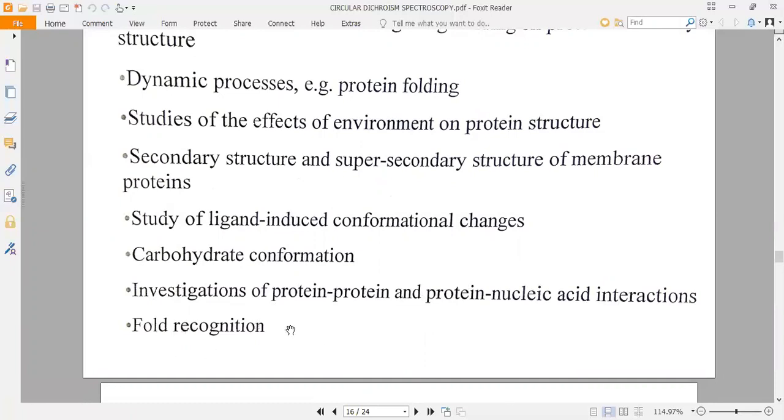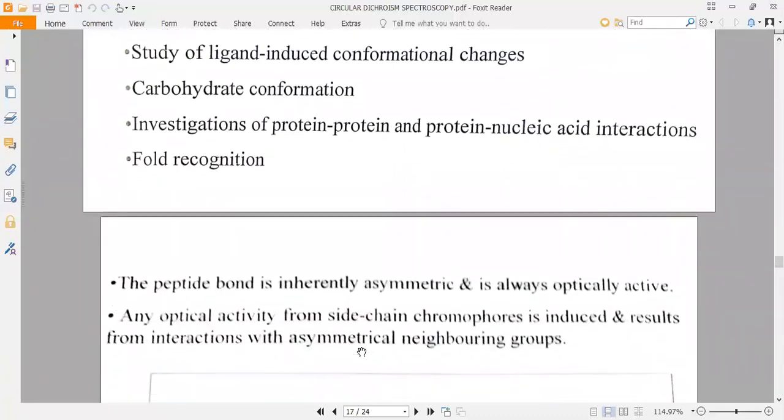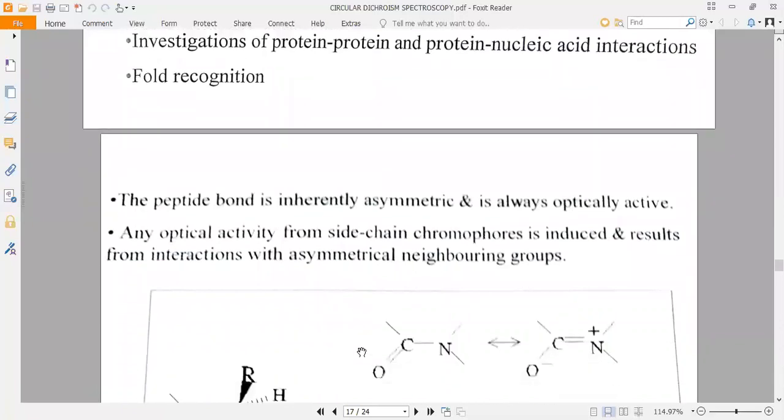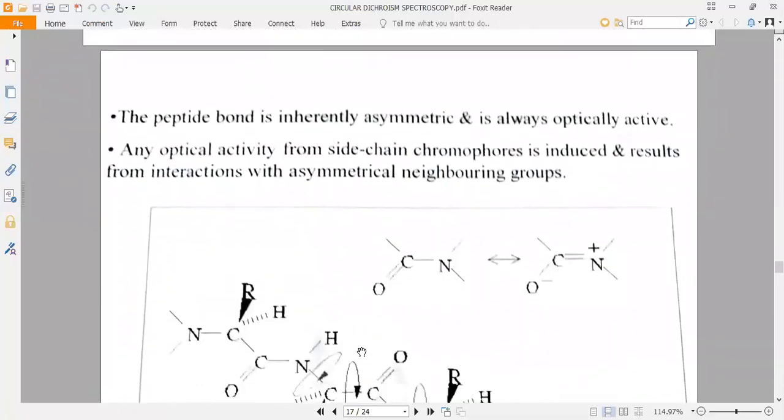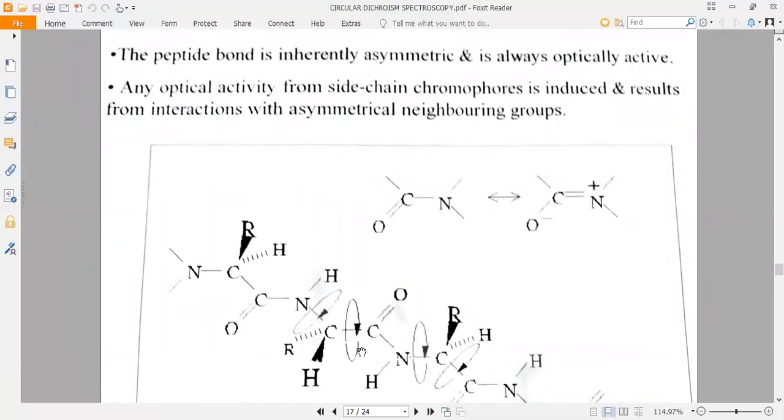And fold recognition within one protein where it is folded or unfolded. कहने का मतलब है कि different types of protein structures may be seen or followed here. This is one application or diagrammatic representation of peptide bonds in polypeptide chain.